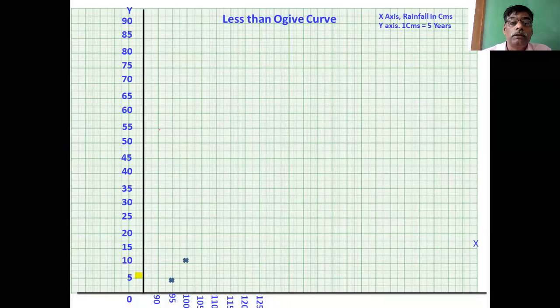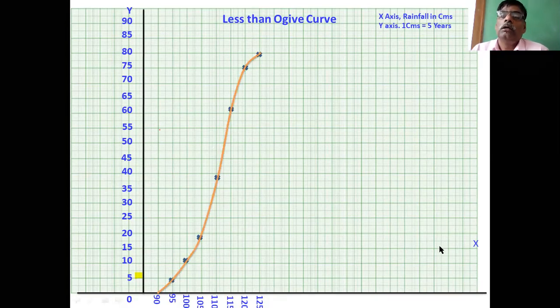Then the second value comes here. Third value comes here. Fourth value comes there. Fifth value I mark there. Sixth value and last value. This is the value. And I will put the curve. This is the less than ogive curve. Like this you draw the less than ogive curve.